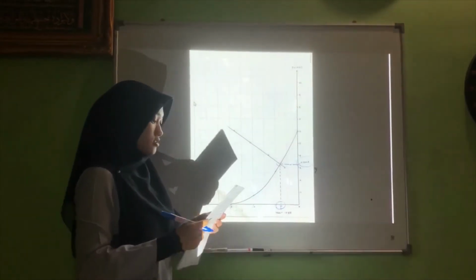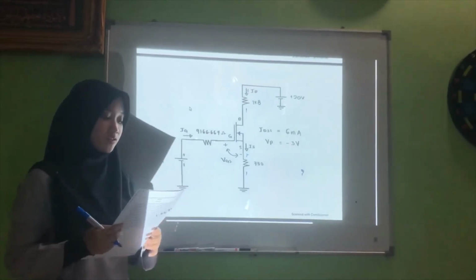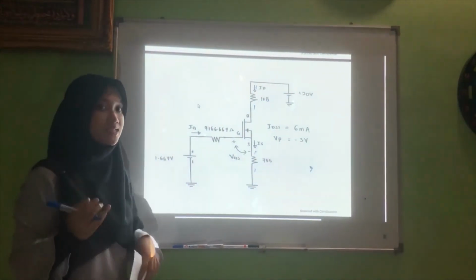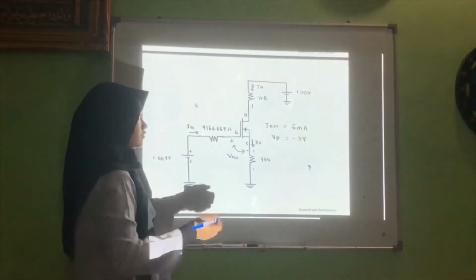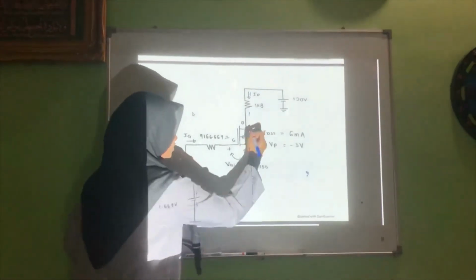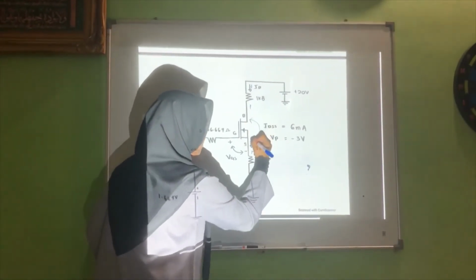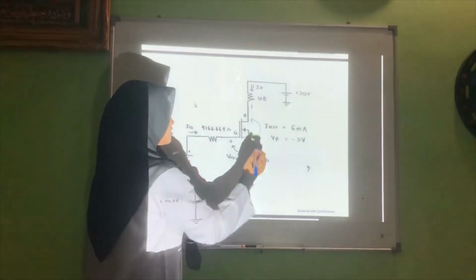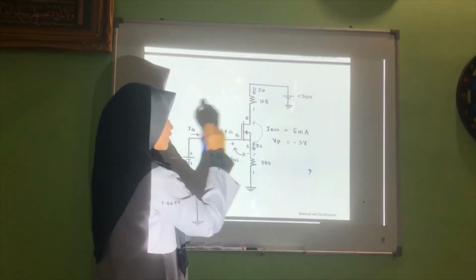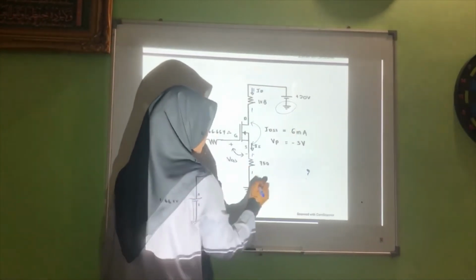Next, question 3, we need to find the drain source voltage, which is VDSQ. This is where VDSQ is. So we can apply KVL in this loop.